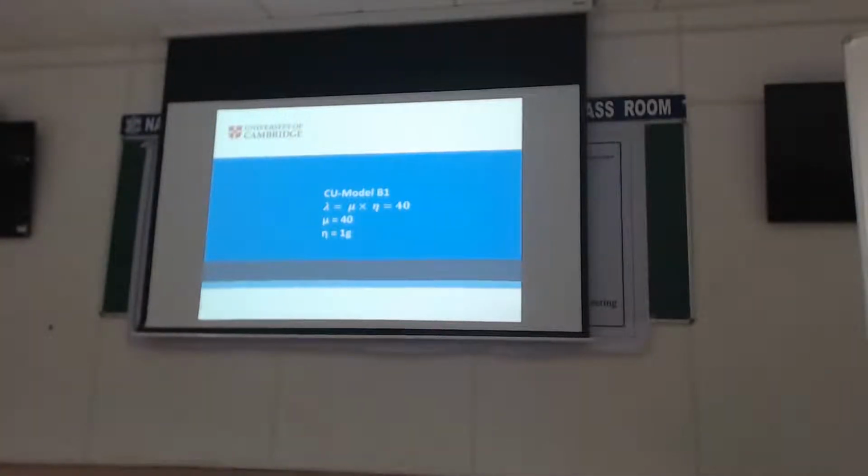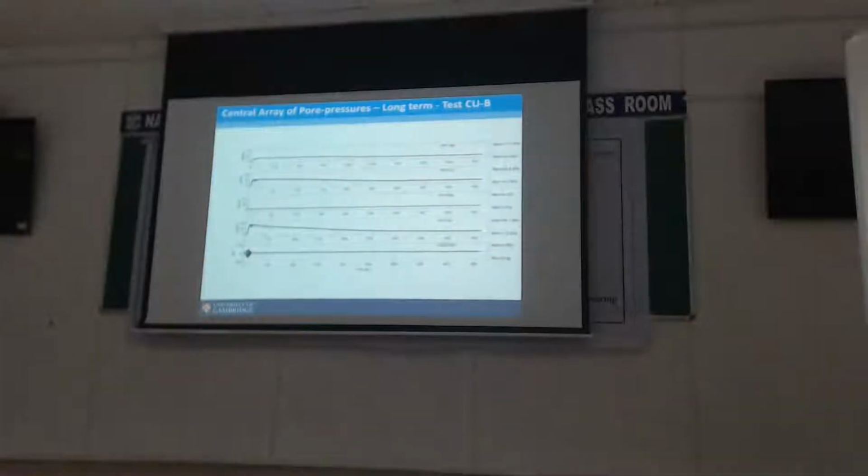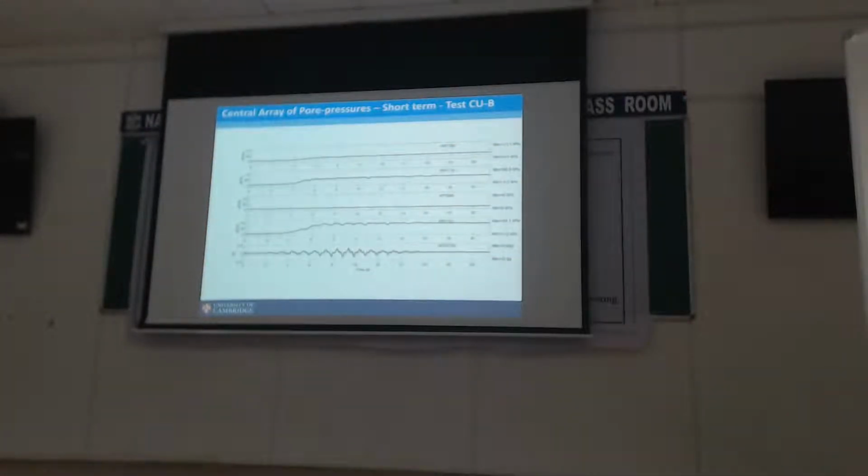Right. Let's look at the pore pressures for the other one, for 1G. Because we scale the pore pressure using the scaling law, the numbers look reasonably okay. If you see the top one, that's about 13.2 kPa. This was about 11.